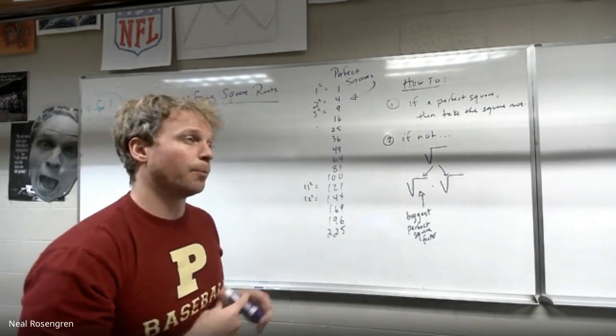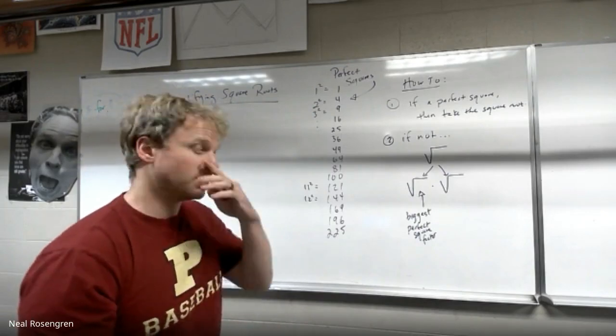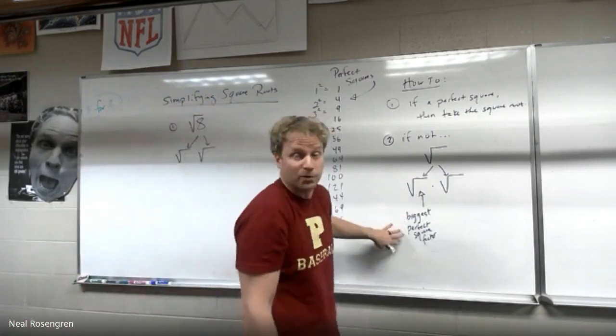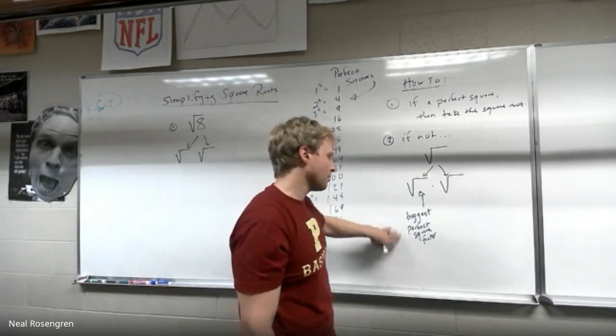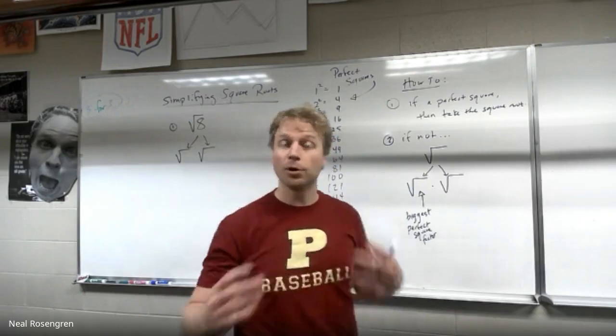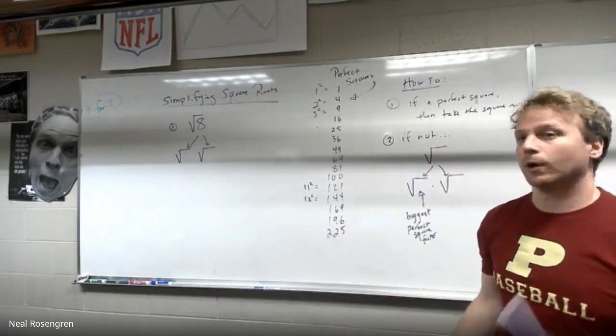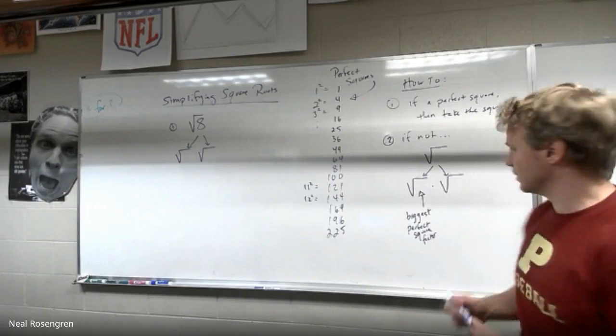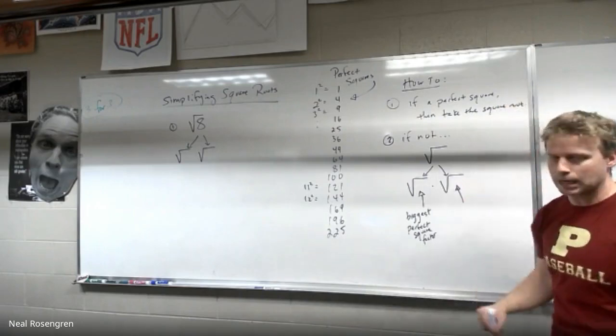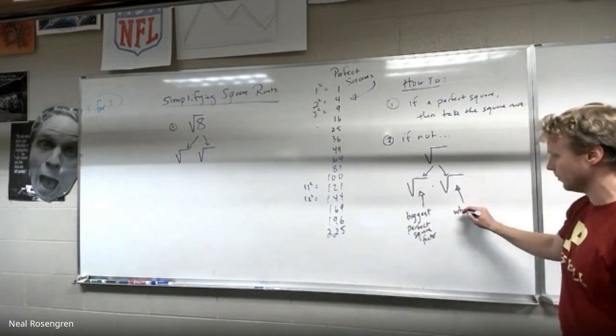Because the part about this that can sometimes be the hardest is to find that perfect number, right? What is that number that goes in perfectly into whatever number I've got that's also a perfect square? And then once we make that choice, the other one is just going to be whatever's left.